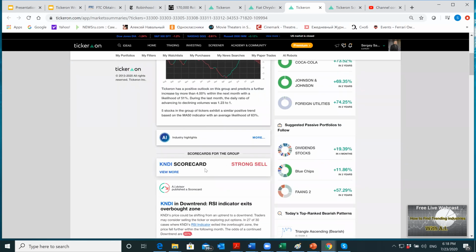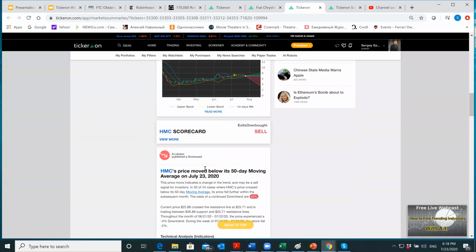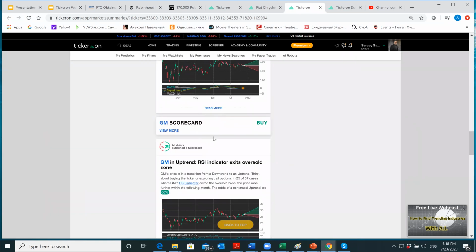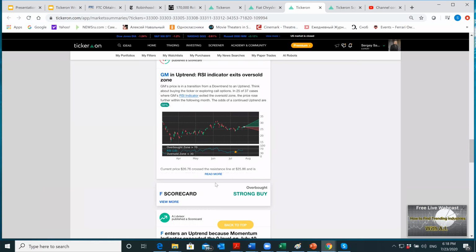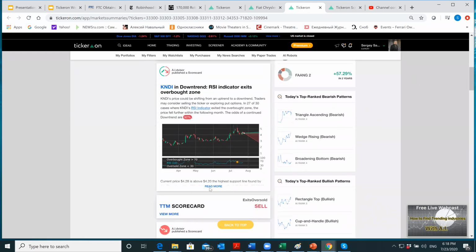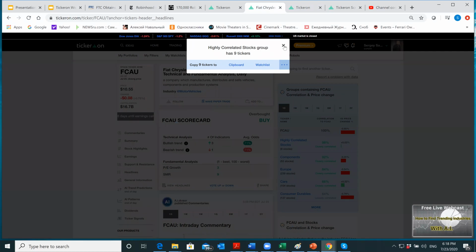Now you analyze every single position in this group. Some are sell, some are buy. General Motors buy, Ford strong buy. So it's a mix. It's not a strong buy group, but it gives us some indication of what is inside that group. Okay, let's move on.